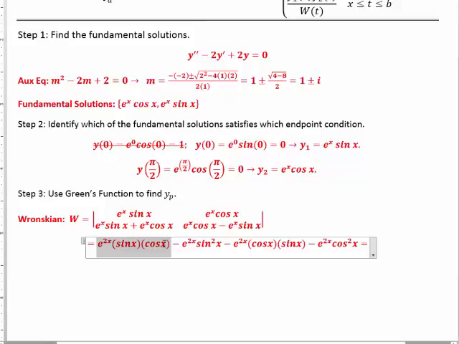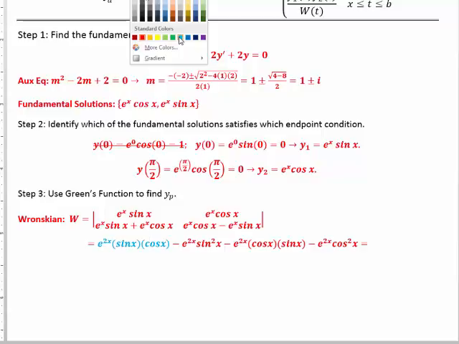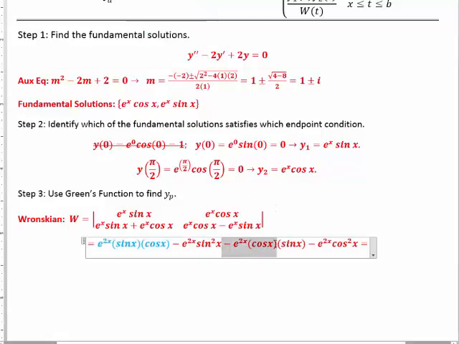Now we have this term over here, and this term over here with a negative, so they would cancel each other out. These are both negative, which means we're essentially adding the sine squared and the cosine squared with a negative in front.